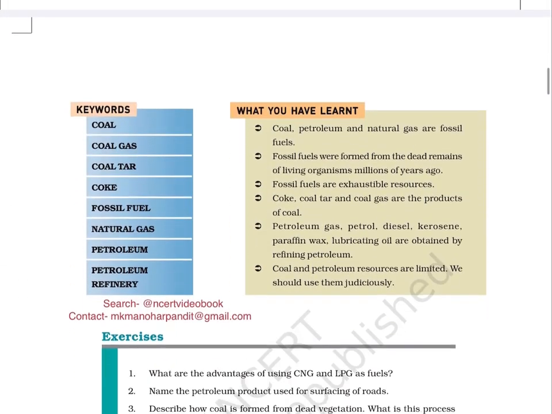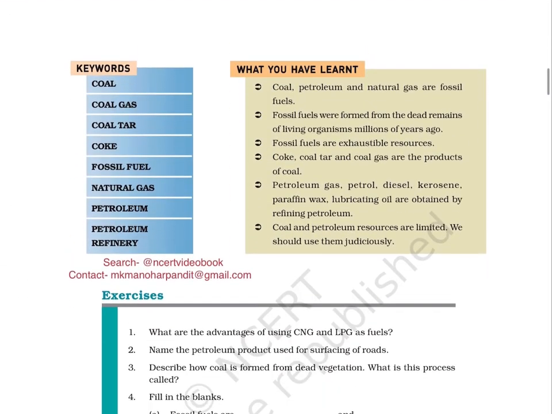Page 62. Keywords: coal, coal gas, coal tar, coke, fossil fuel, natural gas, petroleum, petroleum refinery. What you have learnt: coal, petroleum and natural gas are fossil fuels. Fossil fuels were formed from the dead remains of living organisms millions of years ago.